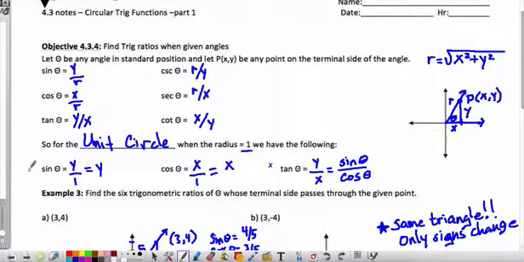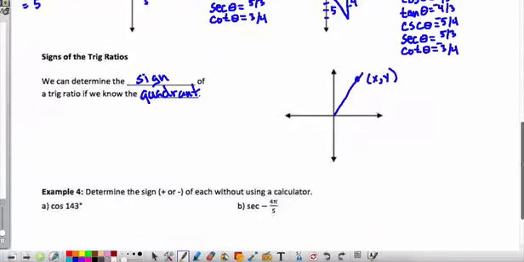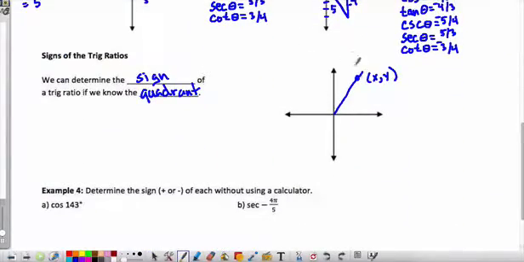So what that means is if you look up here, since sine is just the y value over the radius, and both of them are positive, the sine is always going to be positive. Cosine is just the x value over the positive radius. So if the x value is positive, then of course cosine and its reciprocal will be positive. Same for tangent. We have positive over positive is going to give us positive. Same for the reciprocal. So in this first quadrant here, we have all positive.